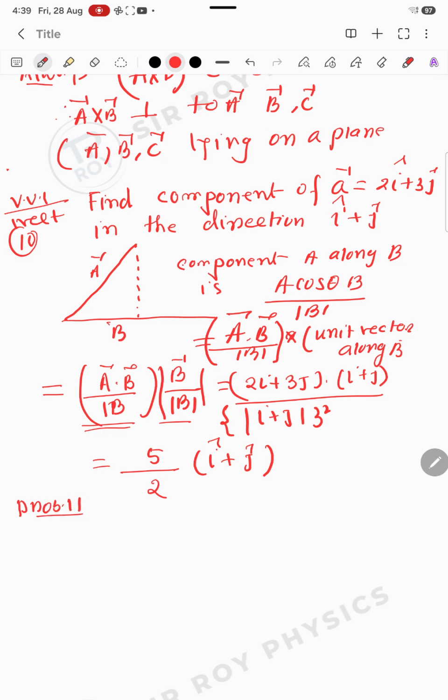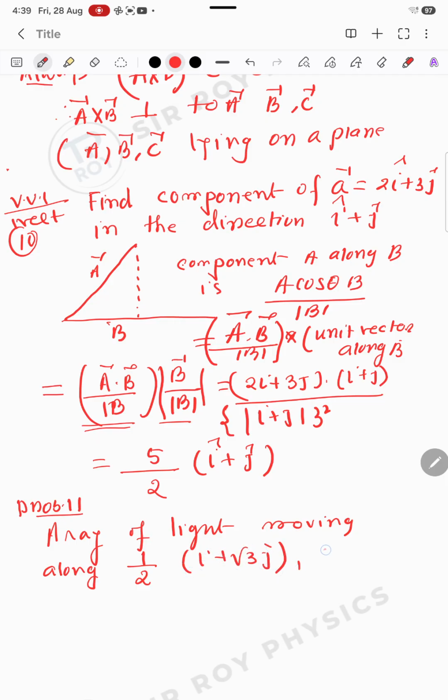Next, 11. A ray of light moving along half i plus root 3 j.